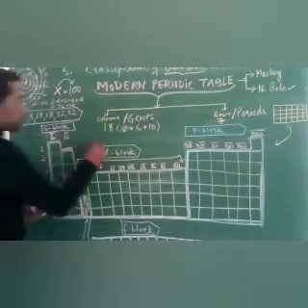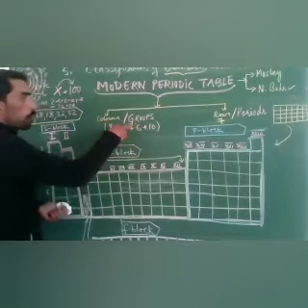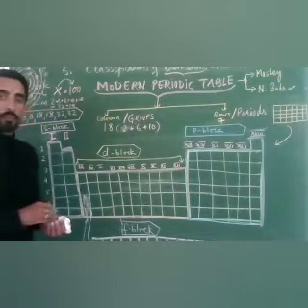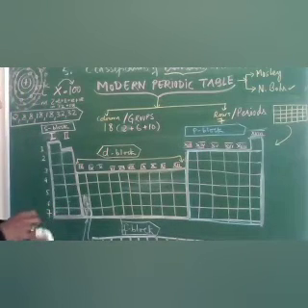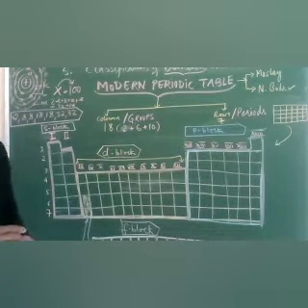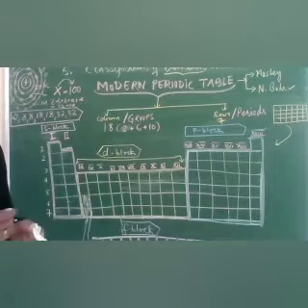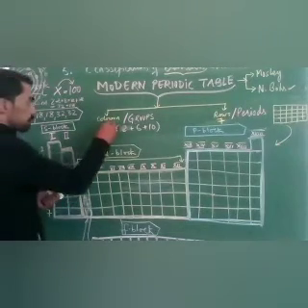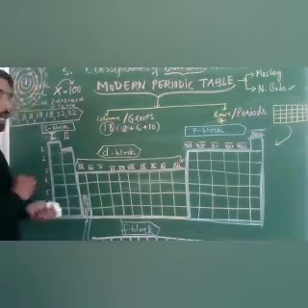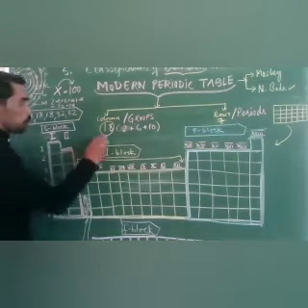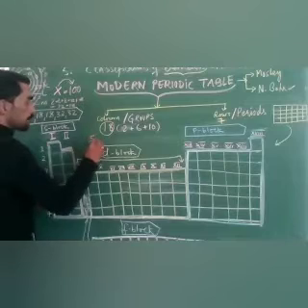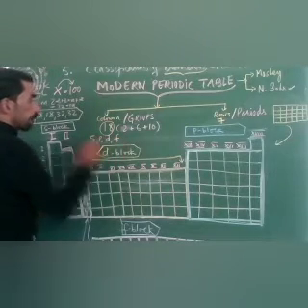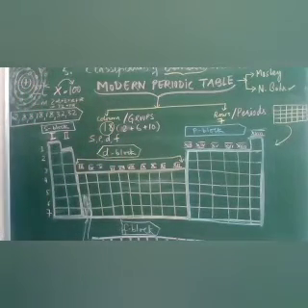S, P, D, F. It means which groups have we written? Total how many groups are there? 18 groups. These 18 groups are made from S, P, D and F.